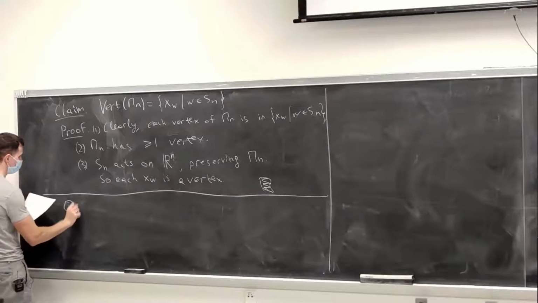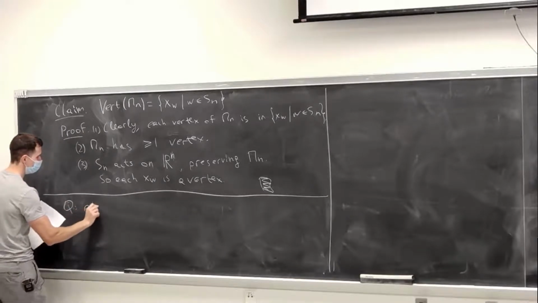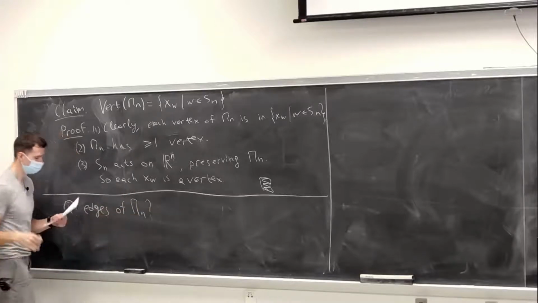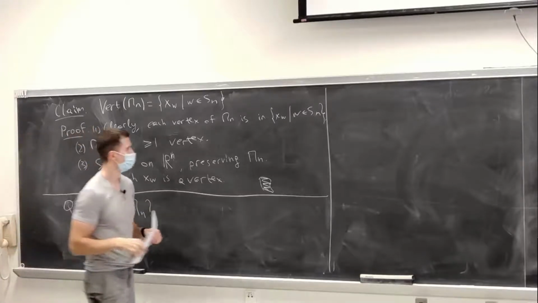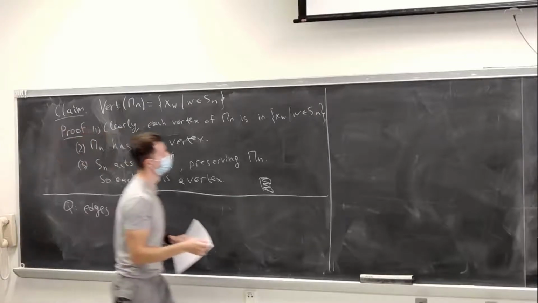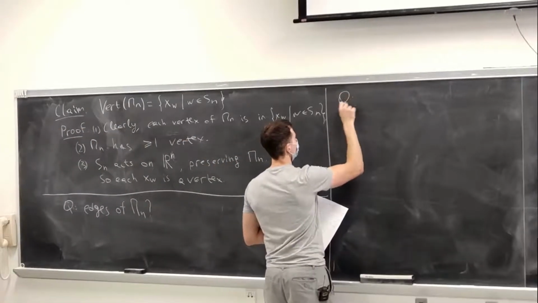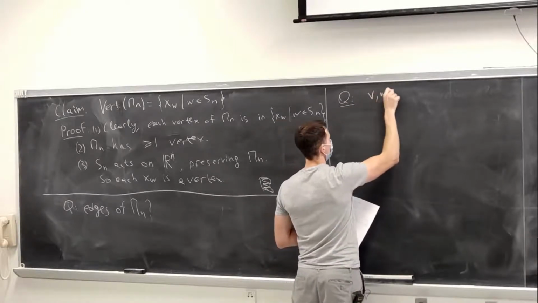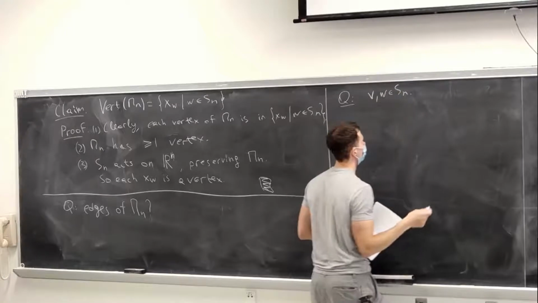And then the next question is, what are the edges of the Permutohedron? Or more precisely, I know the vertices, so let's say v and w are two permutations.